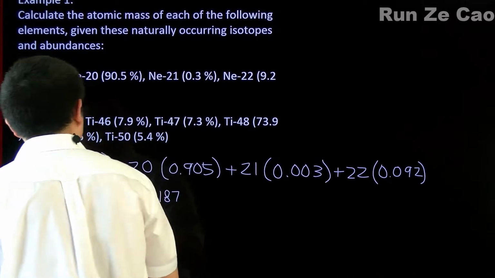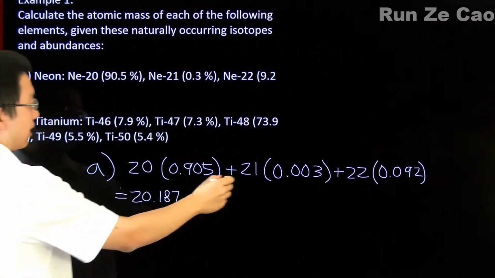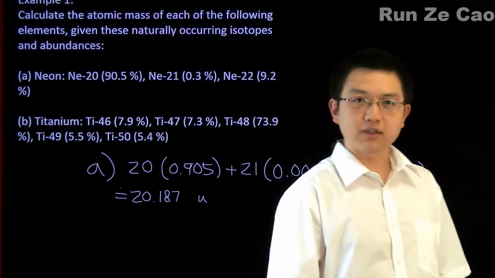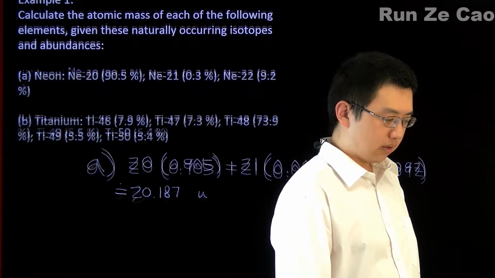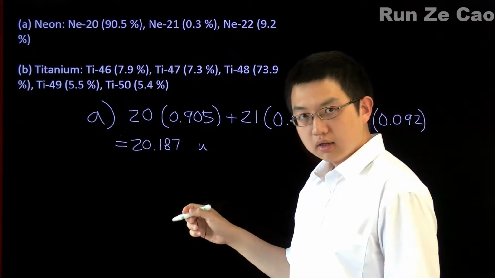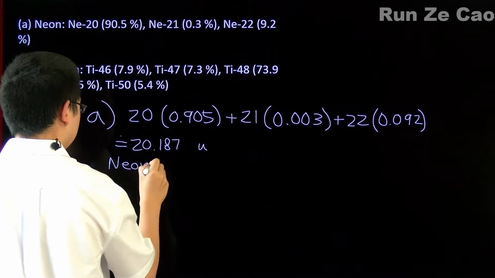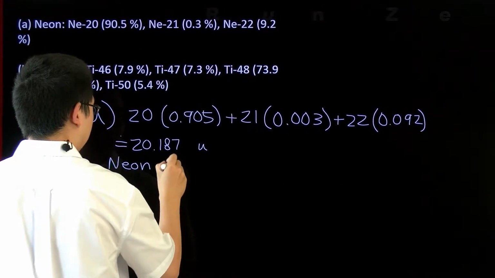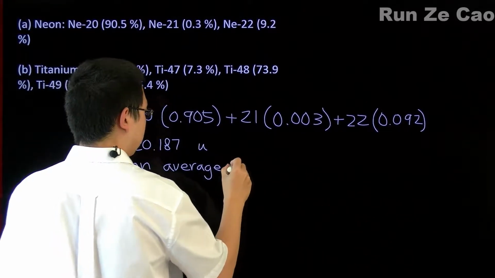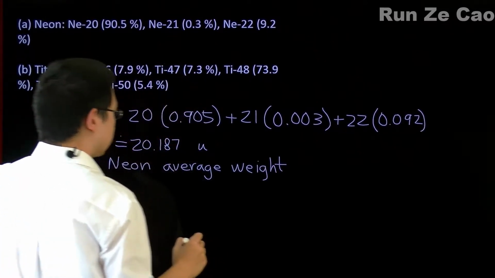Now, okay, technically this is not an approximation. It is exact. But the fact that we approximated the 20 and 21 and 22, well, okay, you can probably get away with putting an approximation. And of course, because this is a word problem, we're supposed to put a statement. And that statement is neon average weight, or average mass, depending on how your teacher prefers to write it.